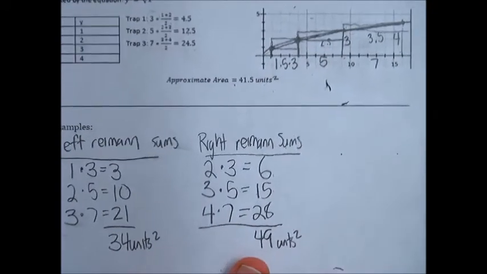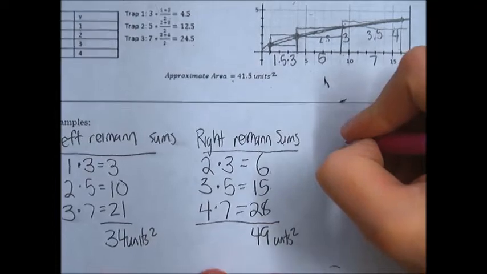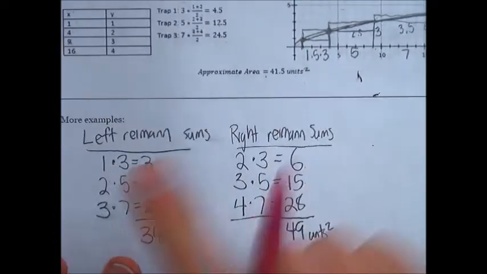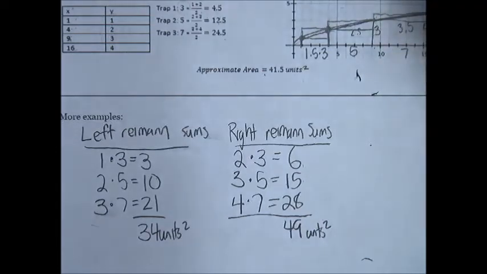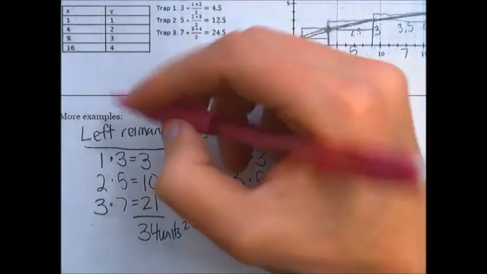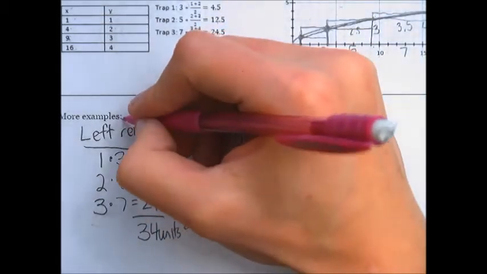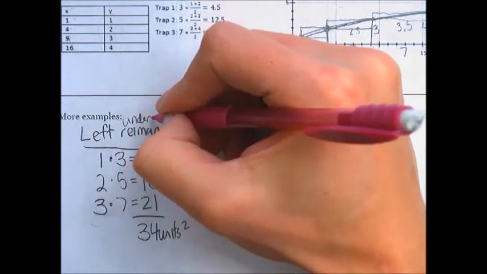Alright, let's do midpoint now. Oh, before we do that, the left and right Riemann sums, I said there were 5 ways: left, right, midpoint, over approximation and under approximation. In this case, our left Riemann sum ended up being an under approximation. It isn't always.